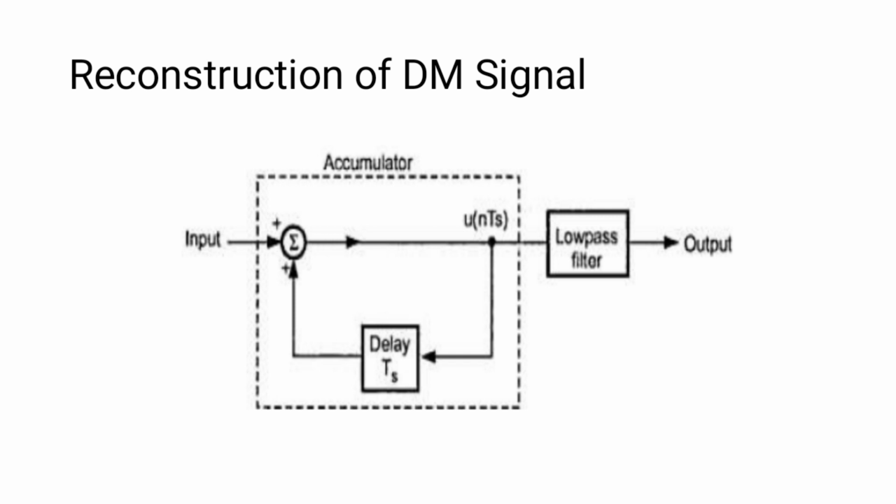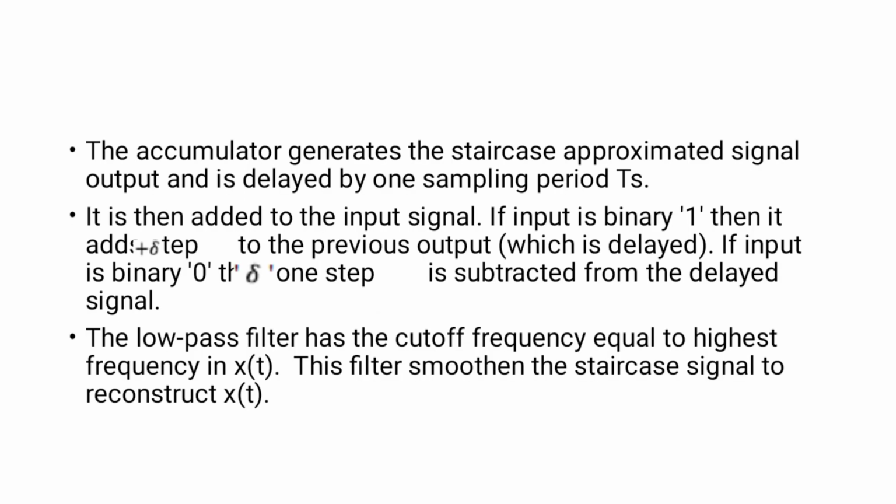So we need to suppress that noise and get the exact output. That's why we are using the low pass filter here. After receiving the input, the accumulator unit does the delay element as well as the summing block, and it is passed to the low pass filter, giving the exact output that we transmitted. The same thing I discussed here.